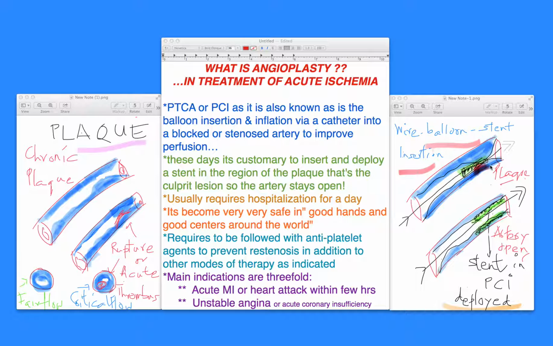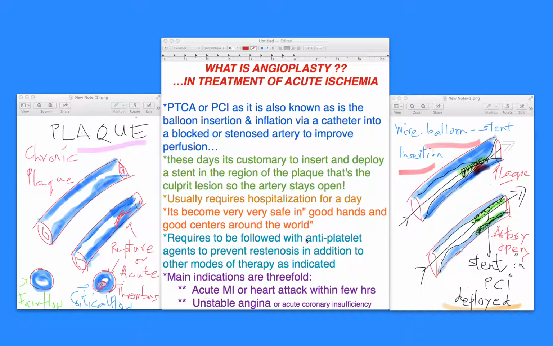The balloon gets inflated, the plaque is pushed against the wall, and this results, and now the balloon is pulled out while the catheter along with the stent is in place, and the stent is positioned so that it stays in position right next to where the plaque was compressed. And now the catheter is pulled out and the stent stays in permanently. So with the result that the artery is rendered open while the plaque was pushed against the wall.